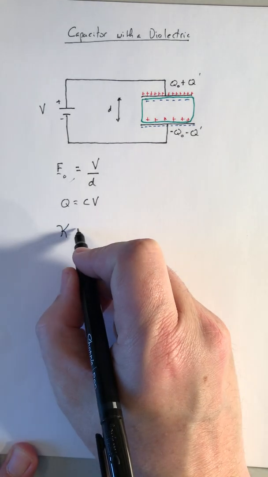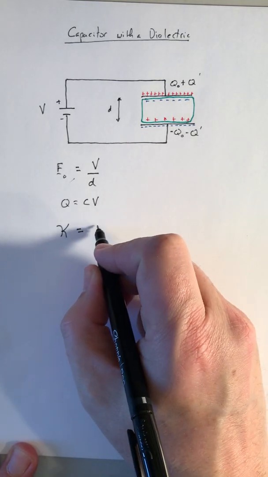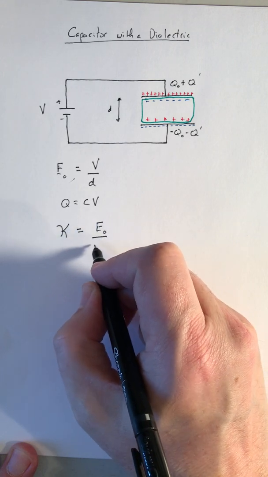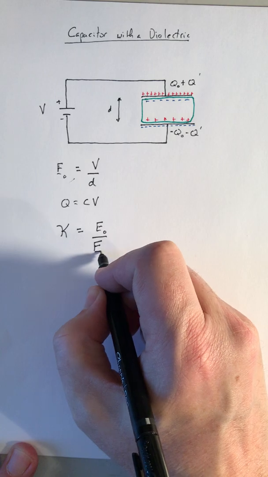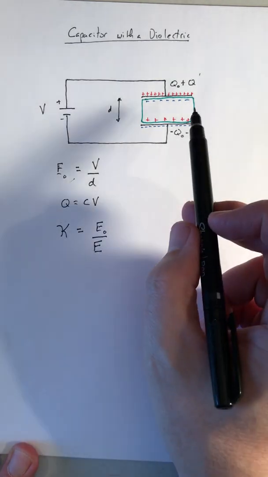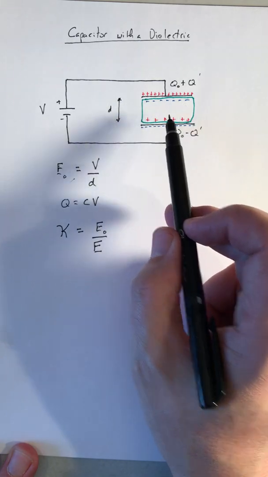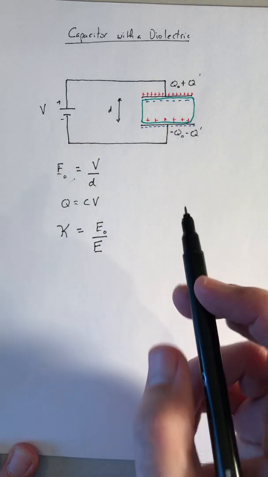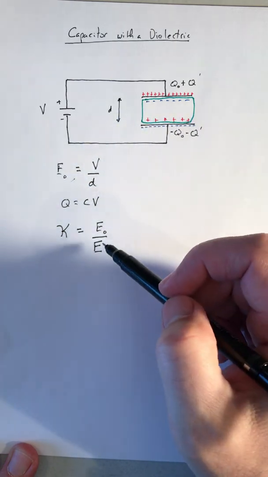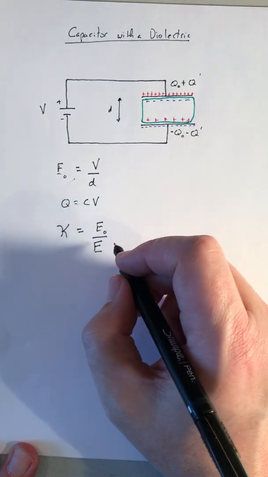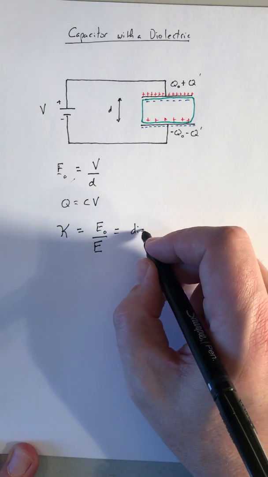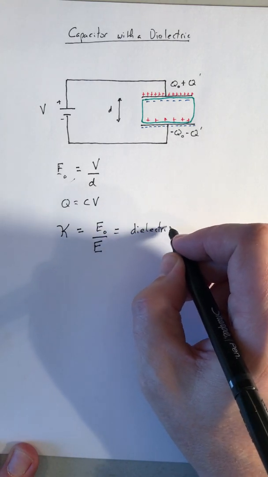We'll make a ratio called kappa, which is our original electric field divided by the electric field that is present when this dielectric is here. So that is a reduced electric field. And the more polarizable this material is, the more that the electric field is reduced. That is called the dielectric constant.